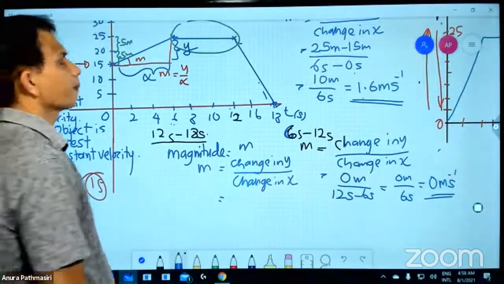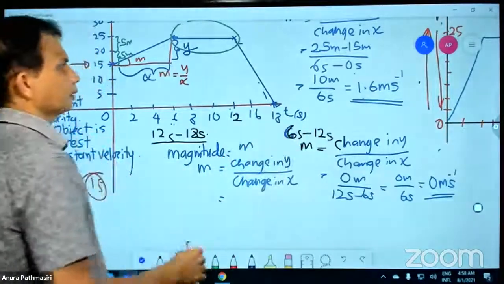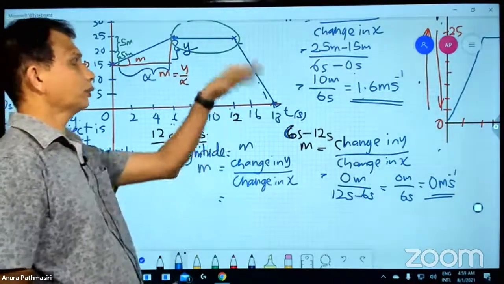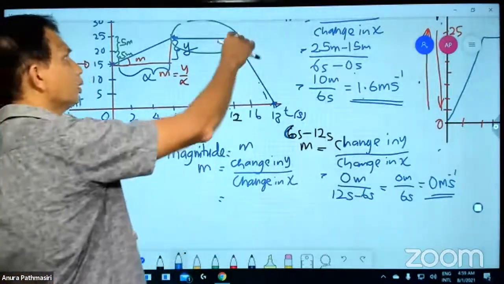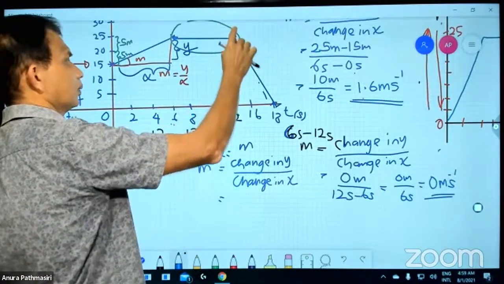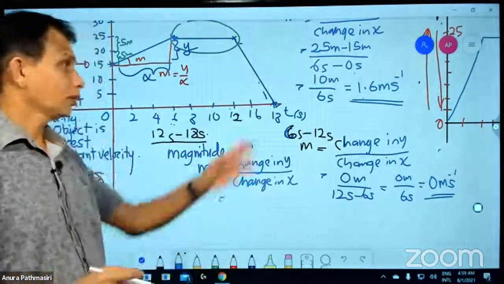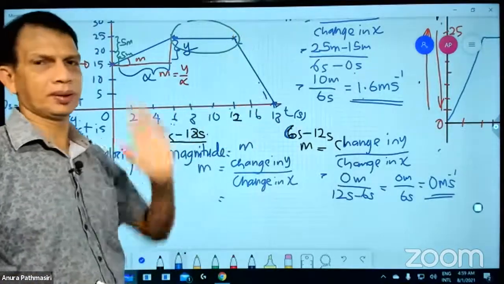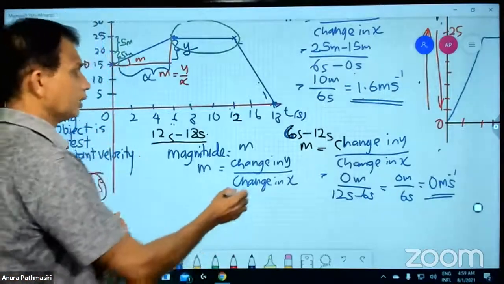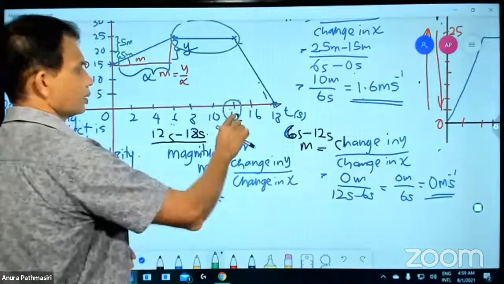Now you have change in y. How are you going to write it? Initial y, final y. We want to find out change in y, final y minus initial y, not initial y minus final y. The initial value is taken by considering the time, 12 seconds.